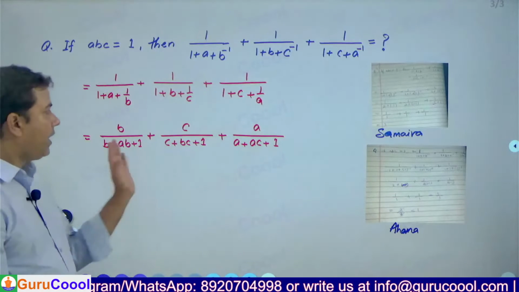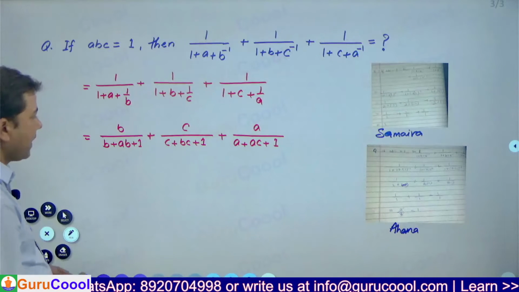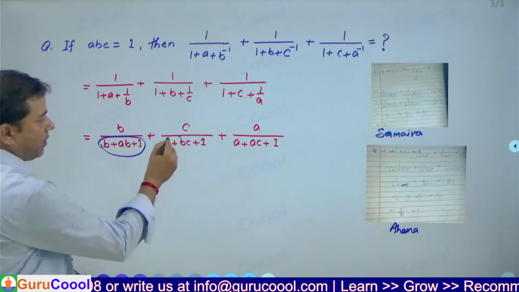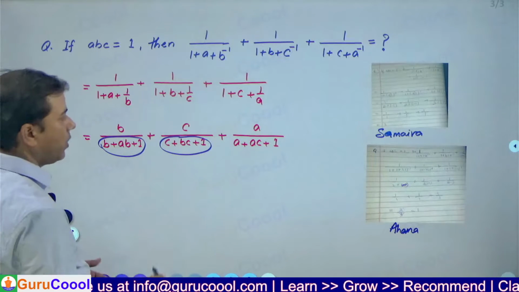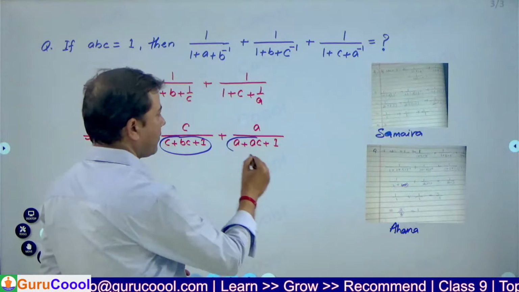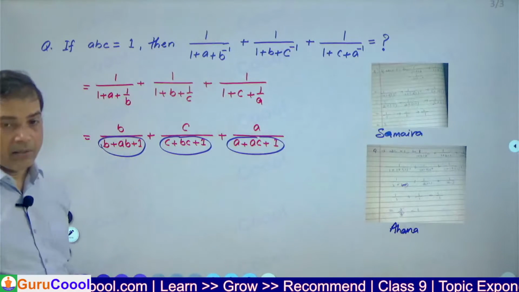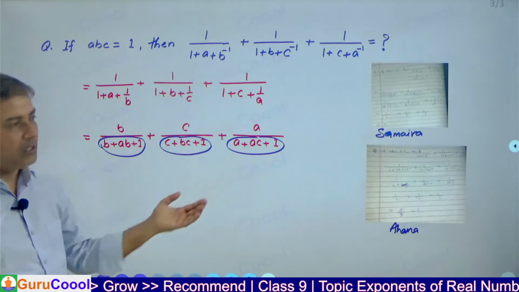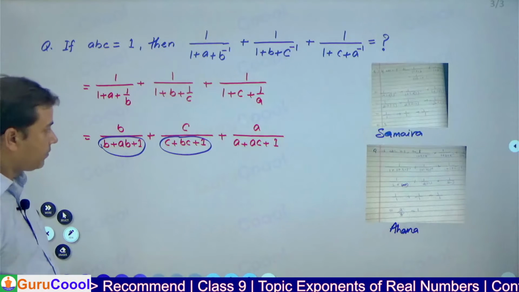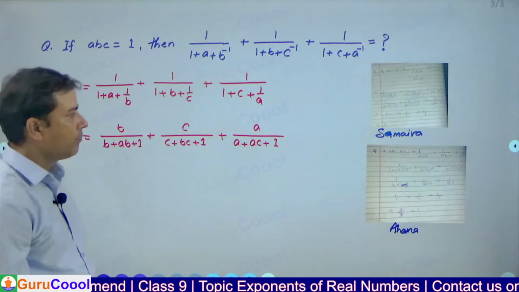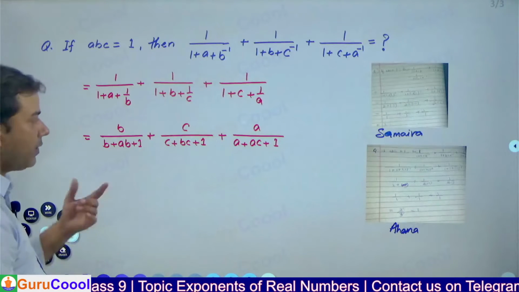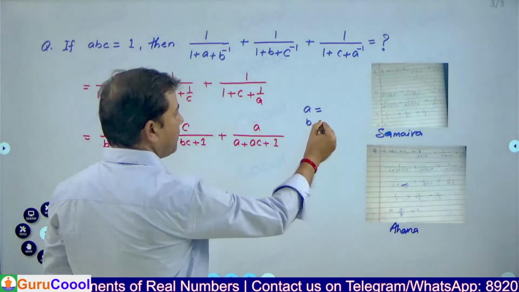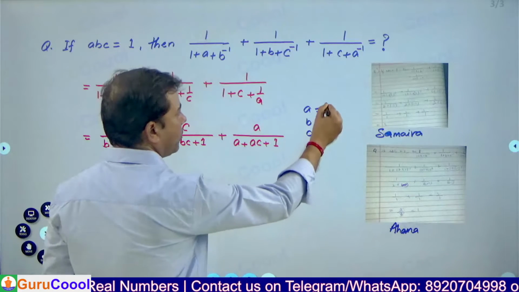Now we have three fractions, and notice their denominators are quite different. If we take LCM, then we have to multiply all three together. That will be a very time consuming work, right? Yes. And we don't know the separate values of a, b and c.